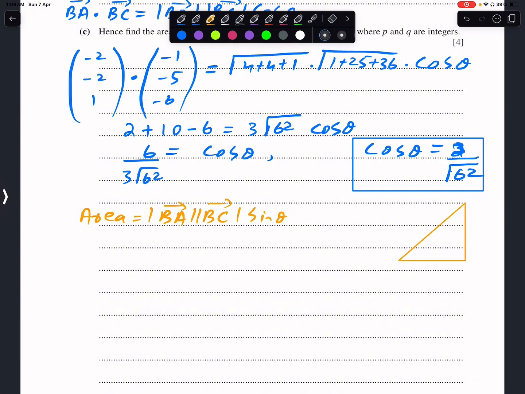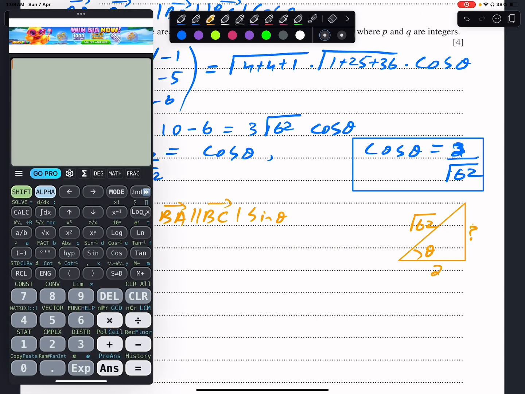Here you have theta, and you are given cos theta is equal to 2 over root 62. So base over hypotenuse is given, and you want to find the perpendicular. Let's calculate it from 62 minus 4, and that is root 58.